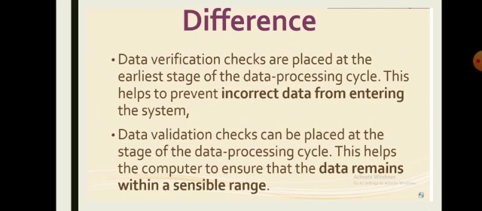You should also be able to see that even if verification and validation have been carried out correctly, it is still possible to get wrong data into the computer system. This is not usually the computer's fault, but is due to human error.